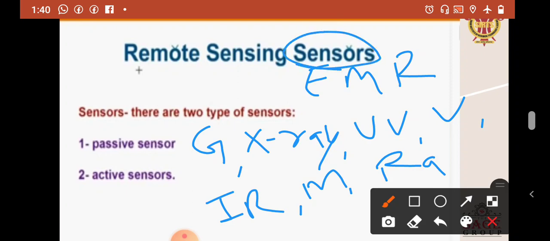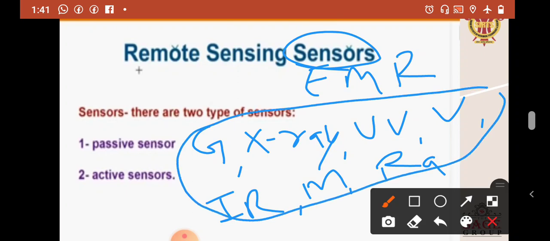Sensors sense these waves and record the data of the target of interest or given object.